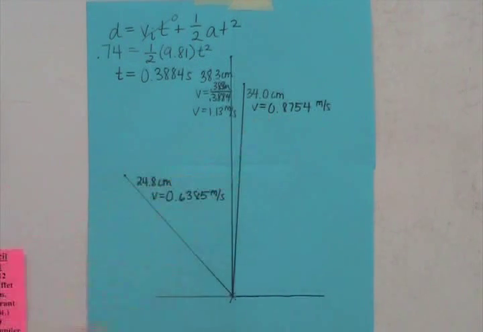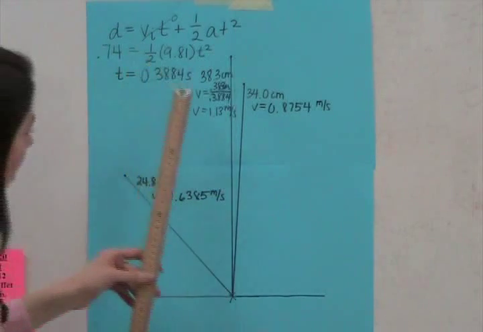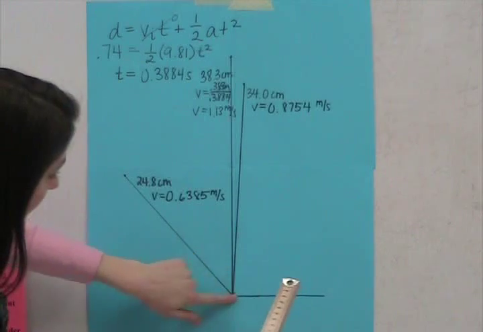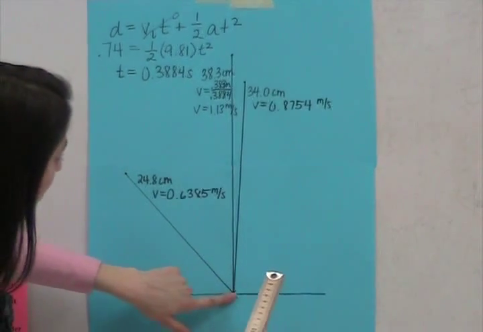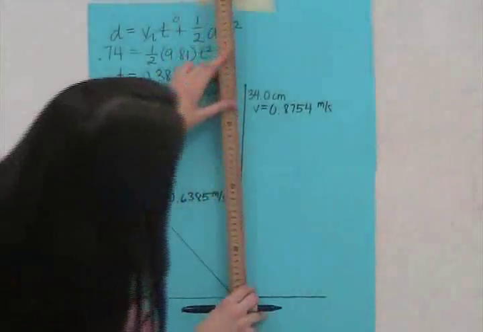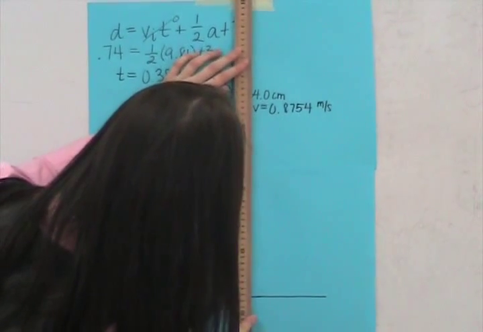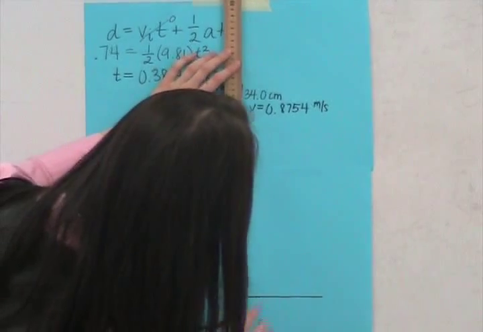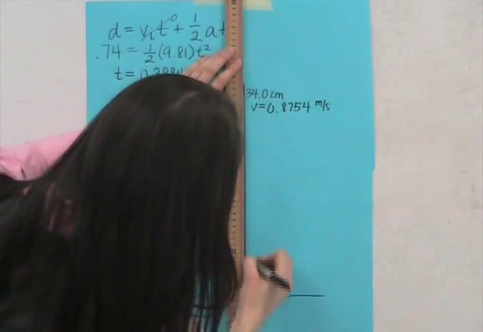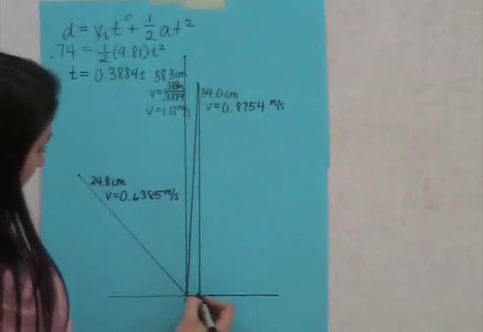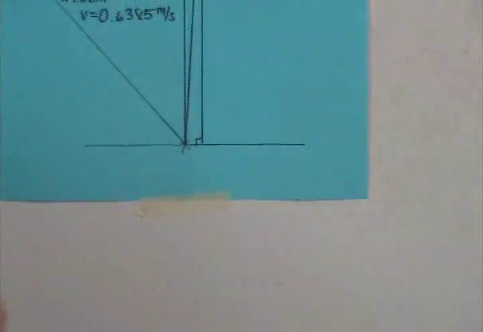We'll figure out the components of this vector by drawing a straight line down, and then we'll have this line going over. Now we can treat this as a right angle.